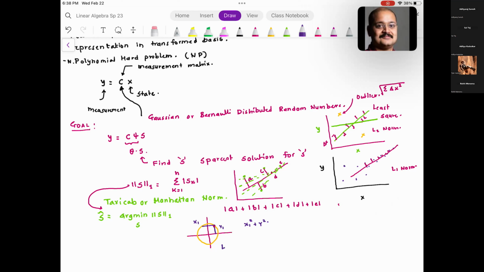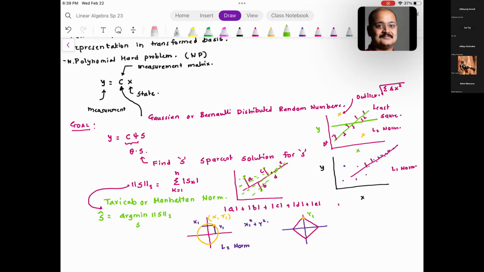This is the L2 norm. L1 norm is trying to find the values which are given over here. So if you want to find the best possible solution, L2 norm will give you the solution x1 and y1, and L1 norm will give you the solution 0 and y1.